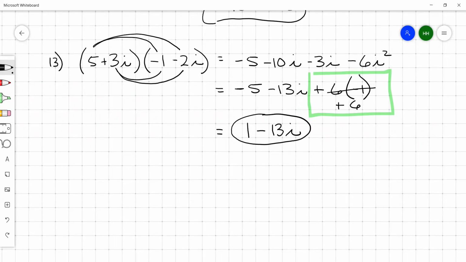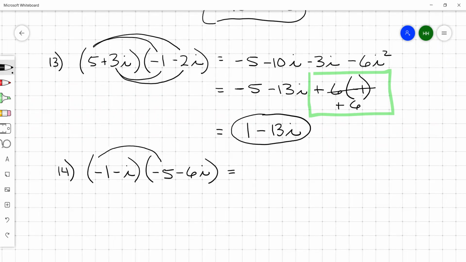All right, and then number 14. Negative 1 minus i times negative 5 minus 6i. Here we go.